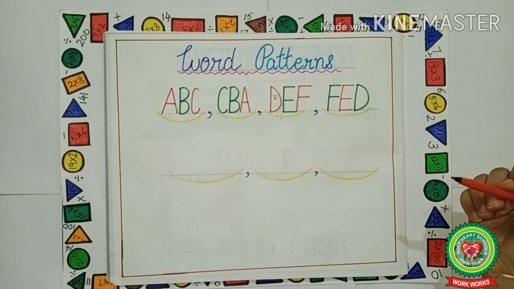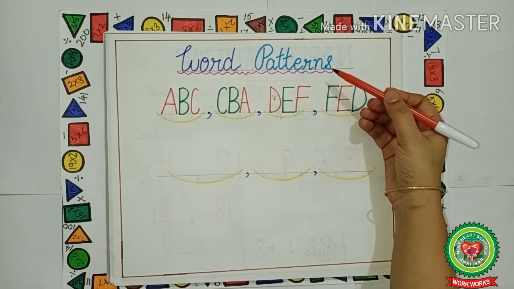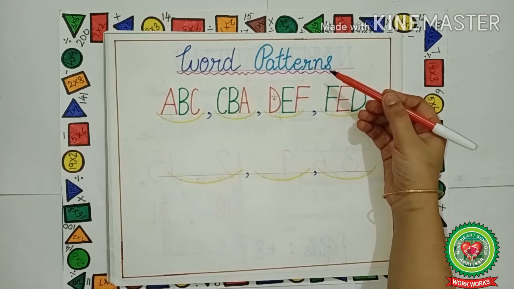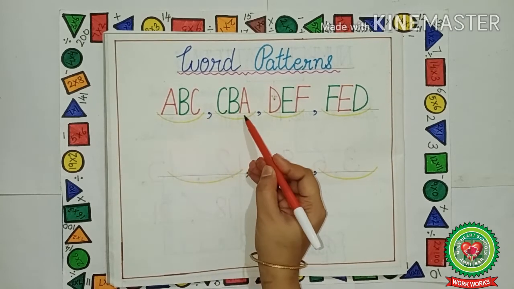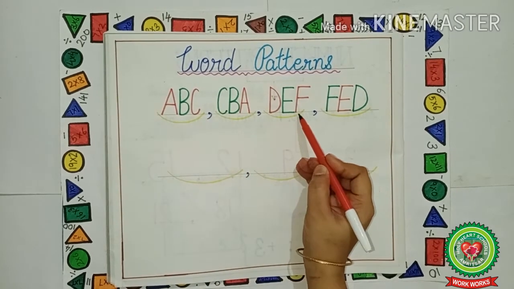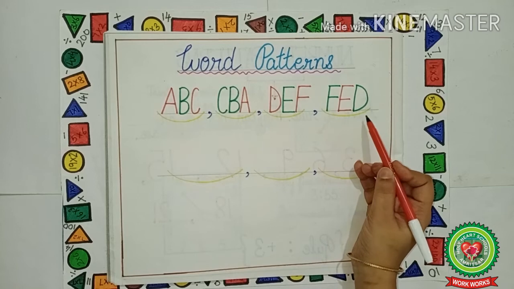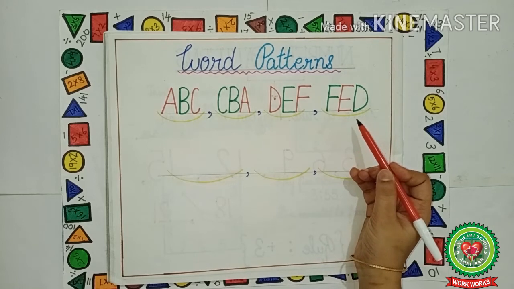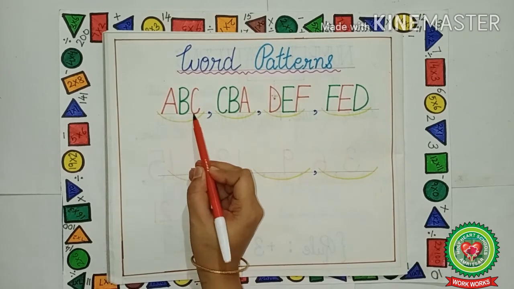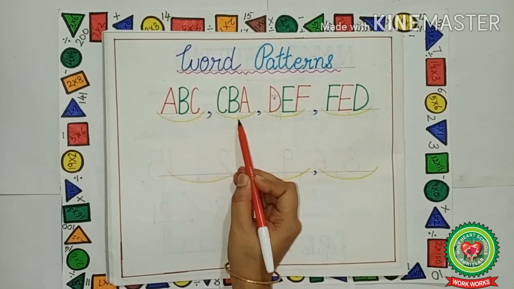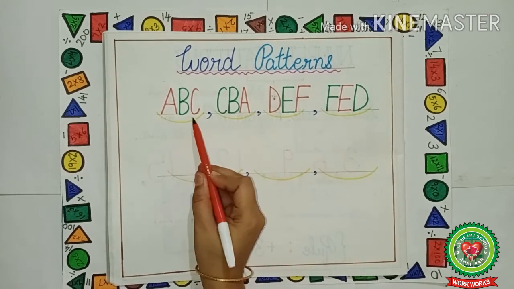Now let us take one example of word patterns. Let us read the letters carefully. A, B, C, C, B, A, D, E, F, F, E, D. If we look at the letters carefully, we will see that after A, B, C, the next pattern is just the opposite of the letters.